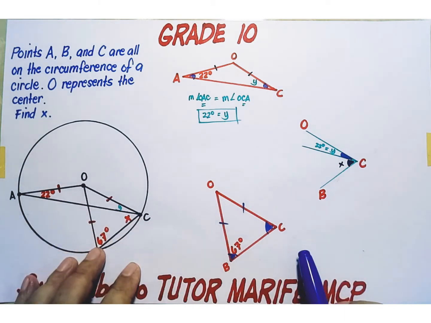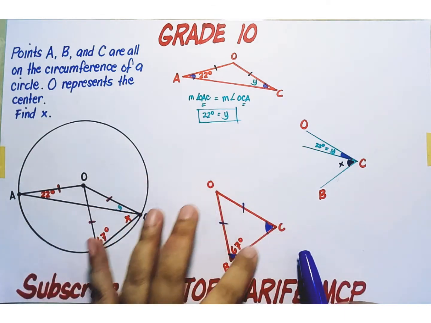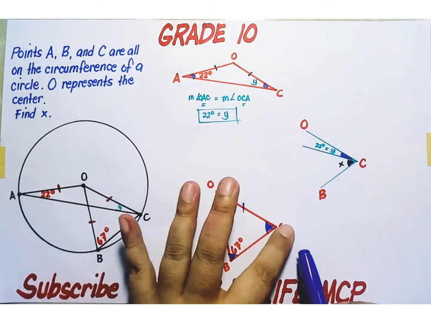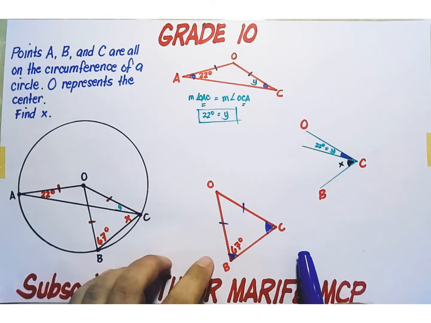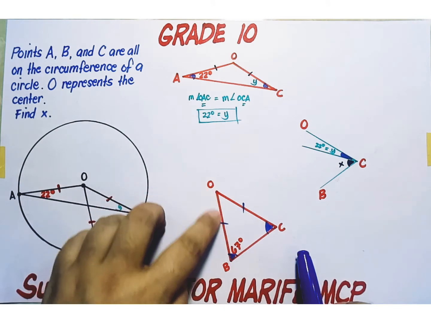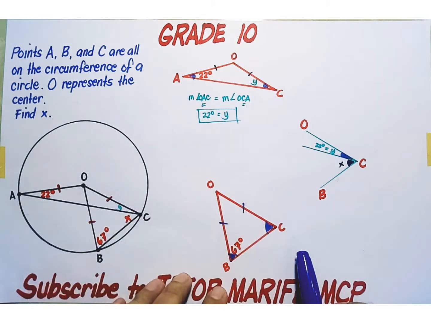Next, look at triangle BOC. This is another isosceles triangle. The 2 equal sides of triangle BOC are sides OB and OC. The base angles of triangle BOC are angle B or OBC and angle C or OCB. These base angles are equal.